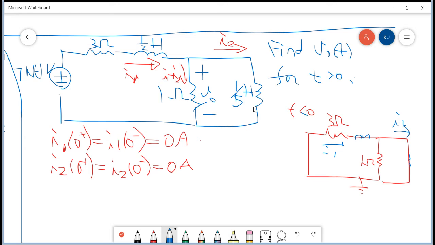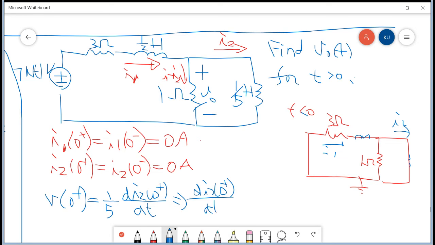So we know that Vo(0 plus) is nothing but 1/5 di2(0 plus)/dt, and then di2(0 plus)/dt is actually 5 Vo(0 plus). And actually, what is Vo(0 plus)?